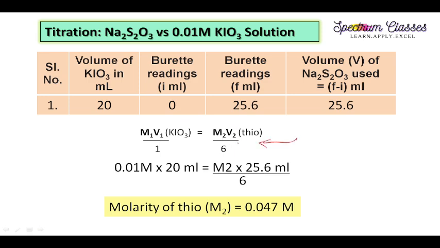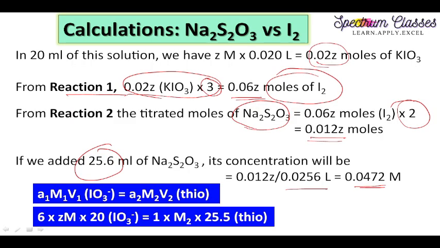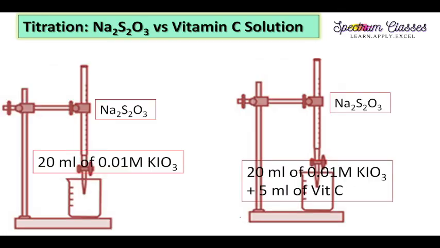Nothing is changed. Simply put your values in this equation and you will get the result directly. So here again I have just shown all the things. You simply put your values in this equation and then get the same result. Now coming to the third part of this.